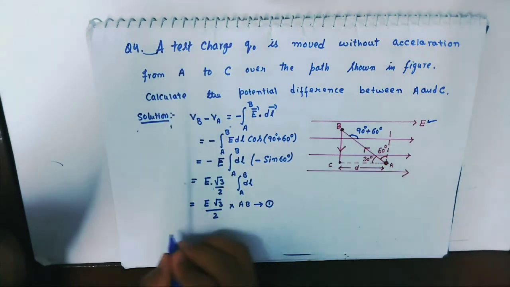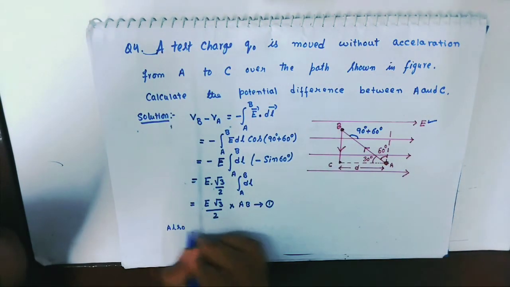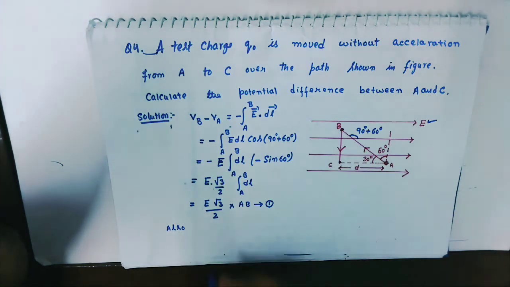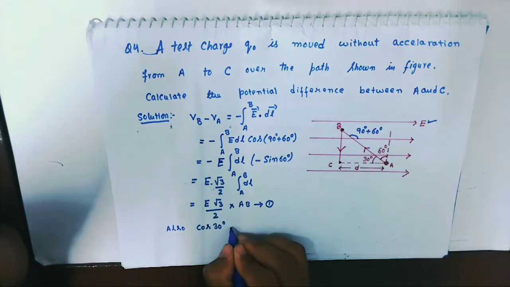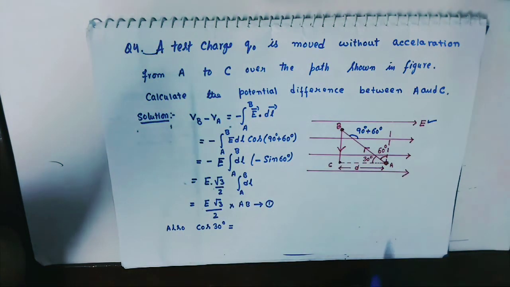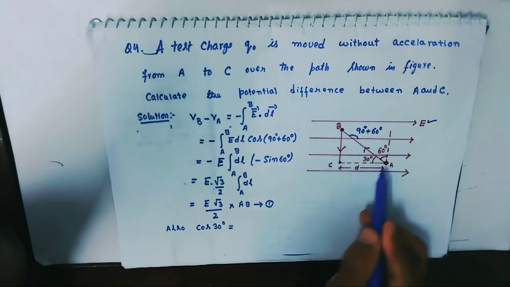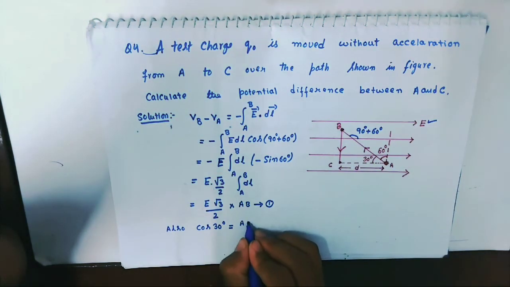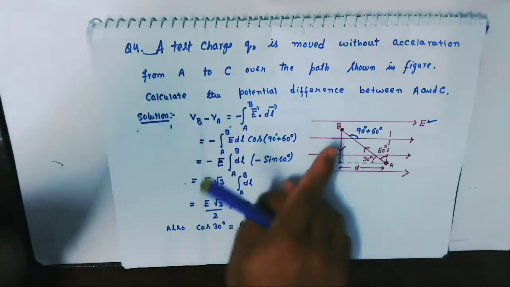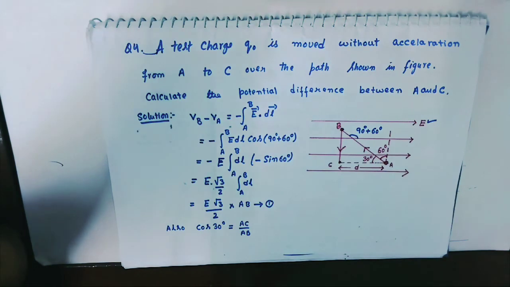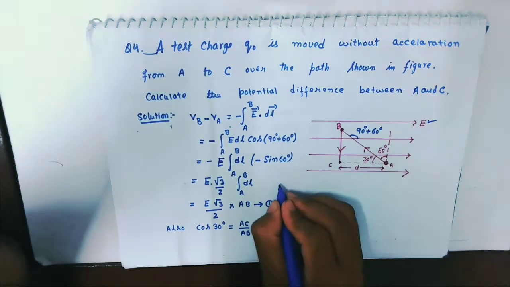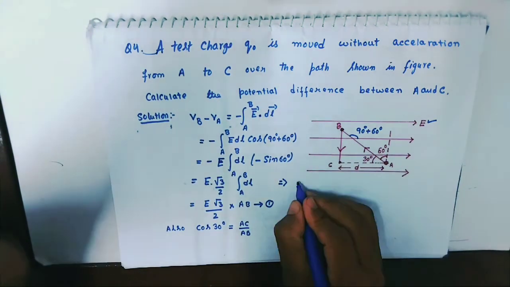Also from the figure, we can write cos of 30 degrees is equal to AC divided by AB. From this right angle triangle BCA, cos of 30 degrees is AC by AB.